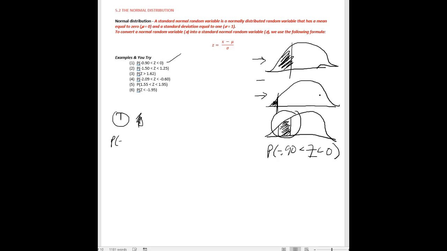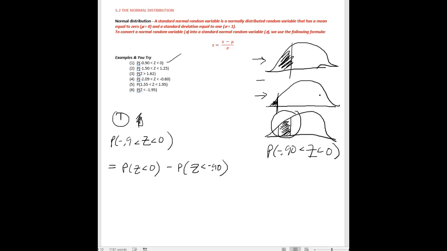The probability that negative 0.9 is less than z is less than 0 is going to be equal to the probability that z is less than 0 minus the probability that z is less than negative 0.9.